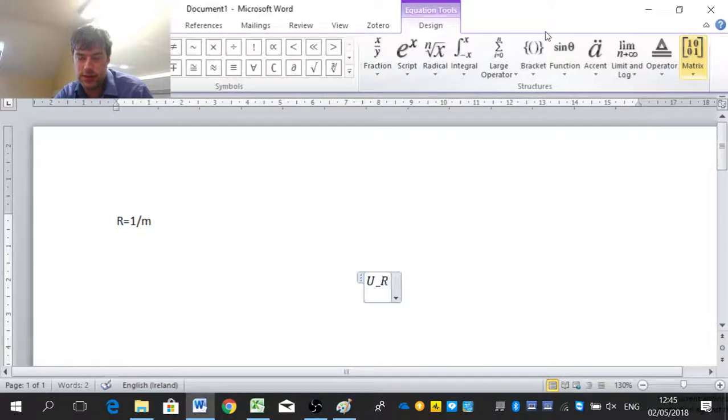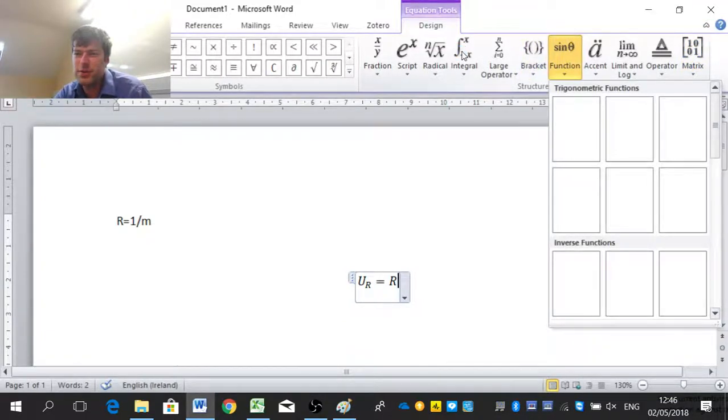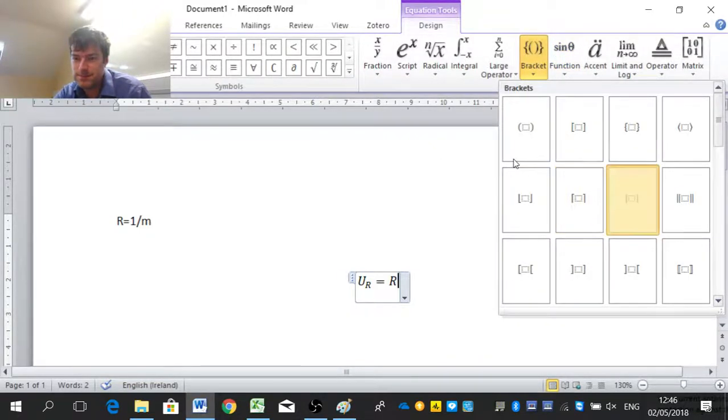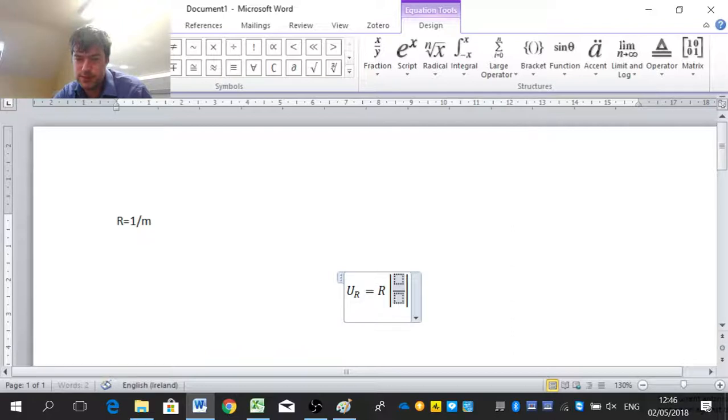Uncertainty of R equals R fraction, and then on the top is... no, don't, Wookie, don't distract me. I'm just copying the formula down.